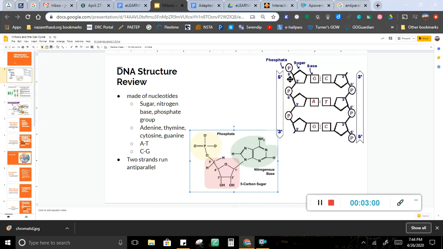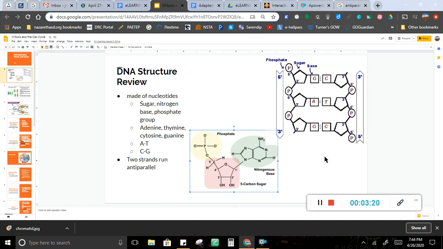Up at the top here, it's the 5' end because it's the number 5 carbon that's left exposed. On the complementary side, we have the opposite, right? At the top, we have the number 3 carbon that's exposed, and down at the bottom, we have the number 5 carbon exposed.